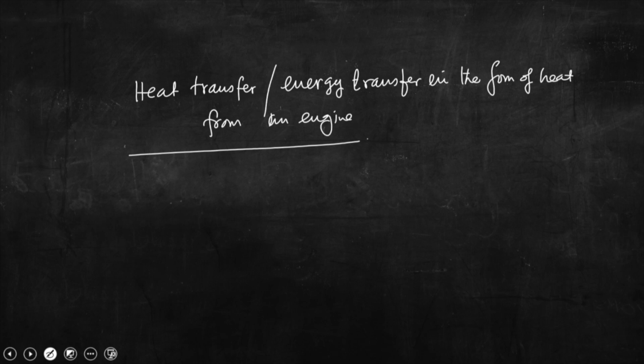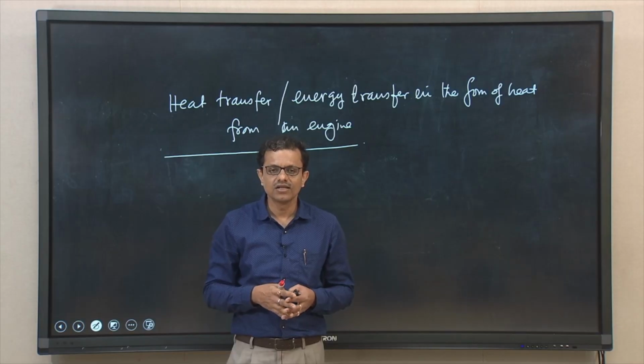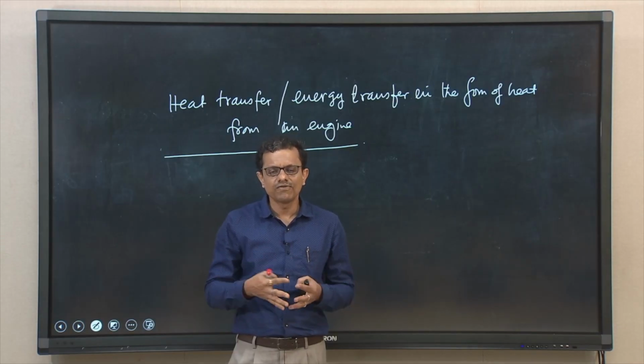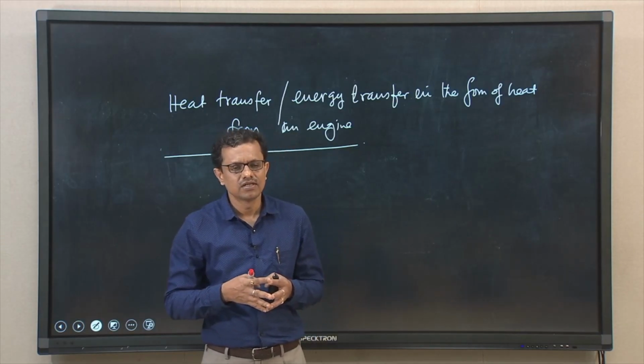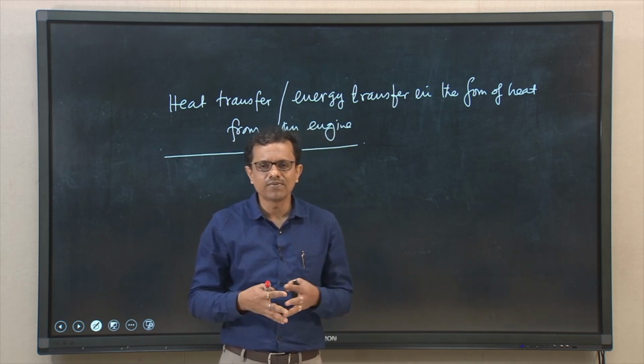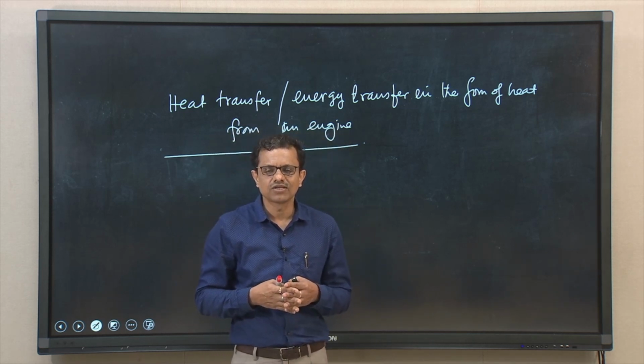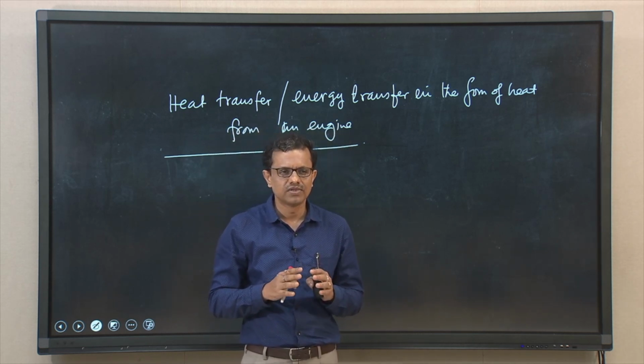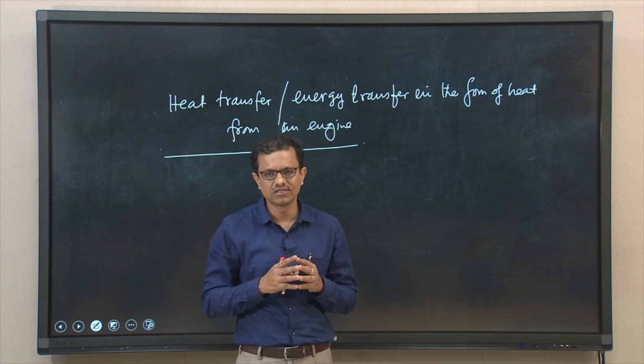We have understood that a certain amount of energy has to be transferred from the combustion chamber or engine cylinder into the ambience, and the possible modes of energy transfer are conduction, convection and radiation. These are the three principal modes.